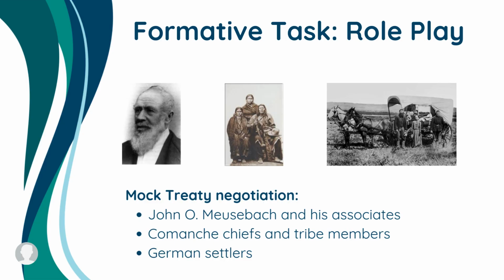After groups have discussed that, there will be a mock treaty negotiation where each group represents the viewpoints, concerns, and what they hope to achieve in the treaty in that negotiation. And so encourage students to stick to their roles and try to come to a peaceful agreement.